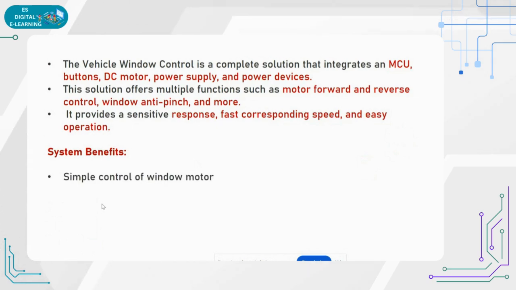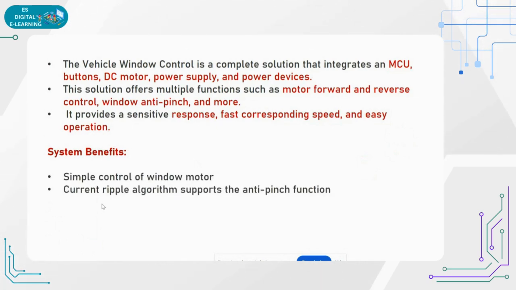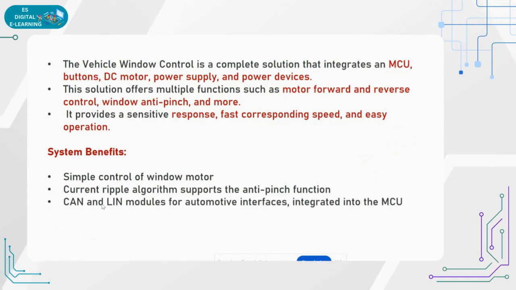And what are the system benefits? Simple window motors are used, and moreover some algorithms are used to make the functioning smooth. The LIN and CAN protocols are used for the controller to communicate with the motors and the ECU.